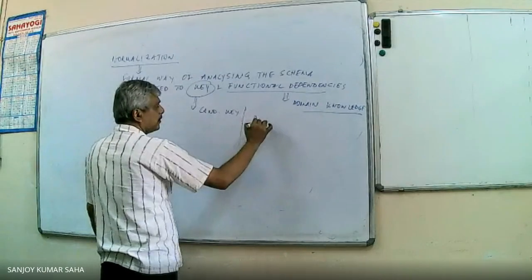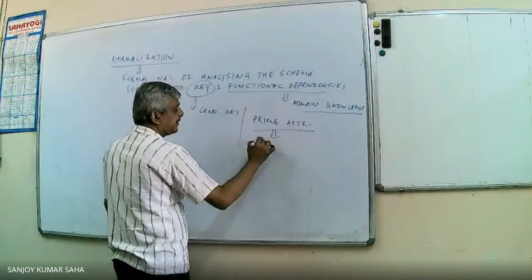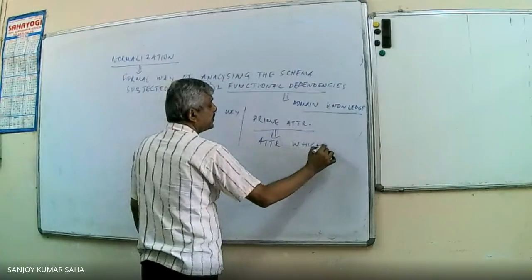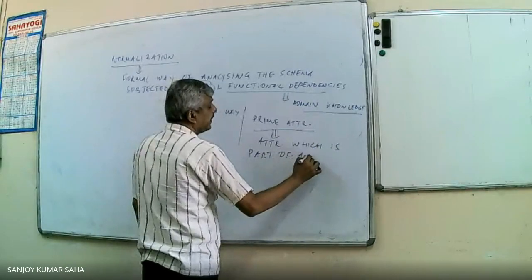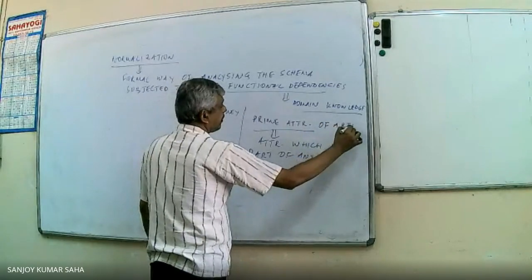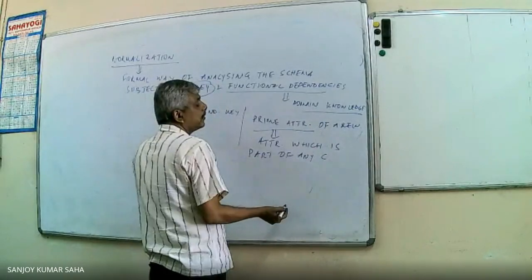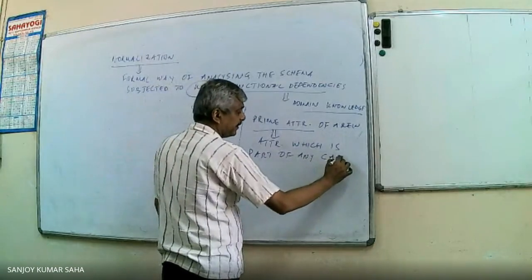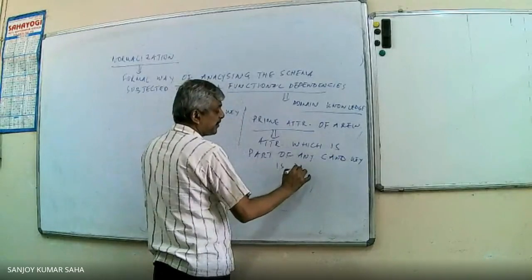Two other terms, prime attribute. Basically, any attribute which is part of any candidate key is a prime attribute.